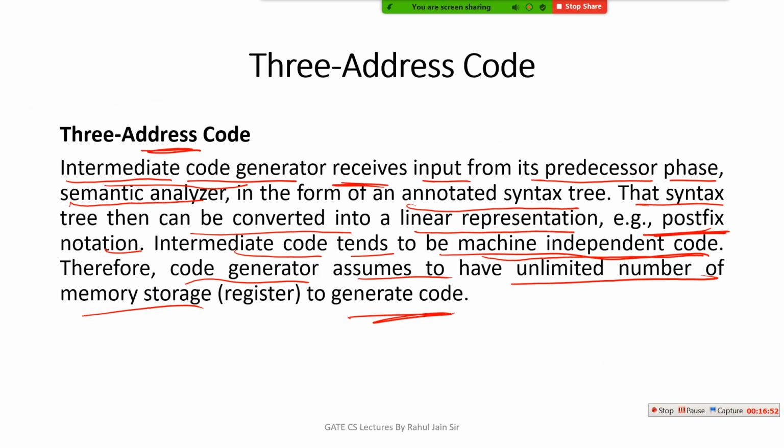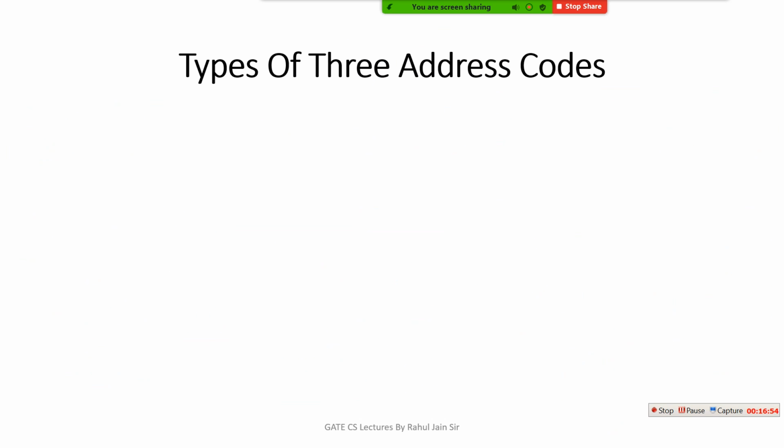Now, guys, I am discussing the types of three address codes. Basically, we have seven types of three address codes, and you can make a note of it. The very first one is x = y op z, where op is a binary operation.